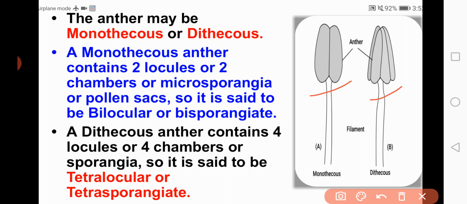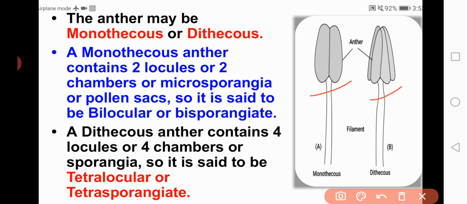These chambers are also called microsporangia, locules or pollen sacs, so a monothecous anther is said to be bilocular or bisporangiate.